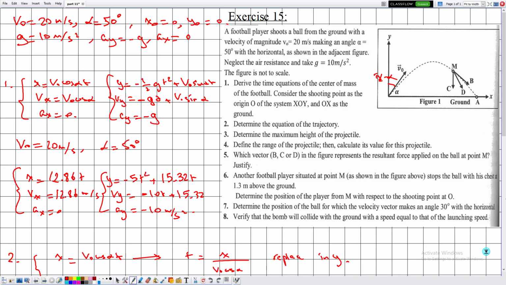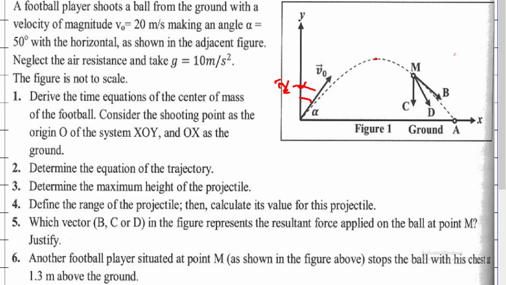Now in number 3, determine the maximum height of the projectile. So the maximum height is this point, which is the peak, and the peak is dictated by which equation? Notice that in this case the velocity is completely parallel to the x-axis, which means that vy is equal to 0. So always the maximum height is dictated by the following formula: vy is equal to 0.